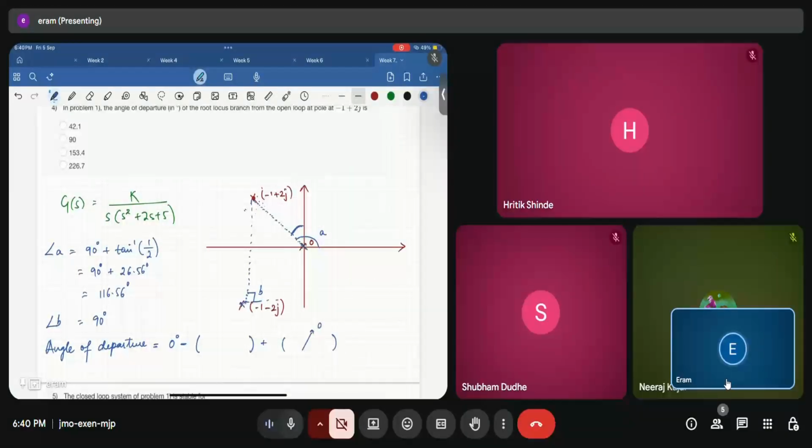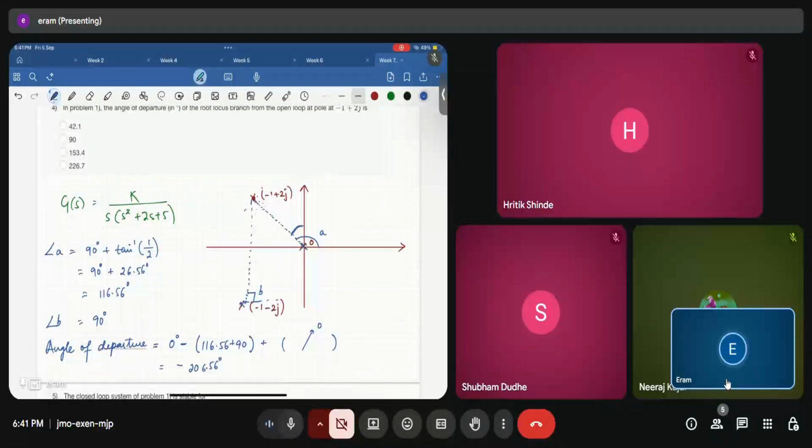That goes to 0 because we have no open loop zeros, and the angles made by the open loop poles are 116.56 plus 90 degrees. What will it be? Minus of how much? 206.56 degrees.